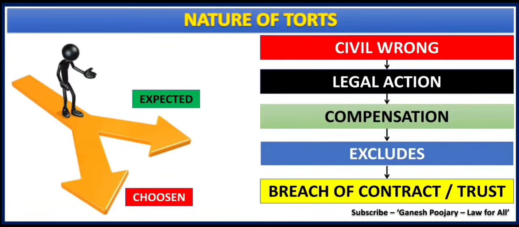And when we are discussing these civil wrongs, they exclude breach of contract or breach of trust. I hope that's very clear. Torts are civil wrongs. You can take legal action for the torts committed, and damages will be paid in the form of monetary compensation, and torts exclude breach of contract or breach of trust. I hope that is very clear. With that thinking, I am handing over this presentation to Nishan.